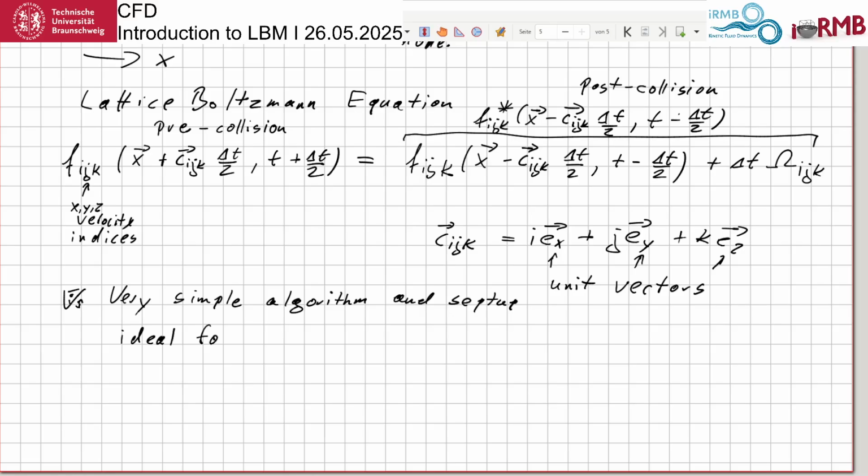So this is ideal for parallel computing. And because it's all linear, there's no need for iteration.